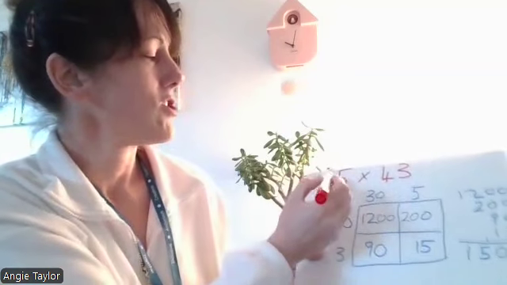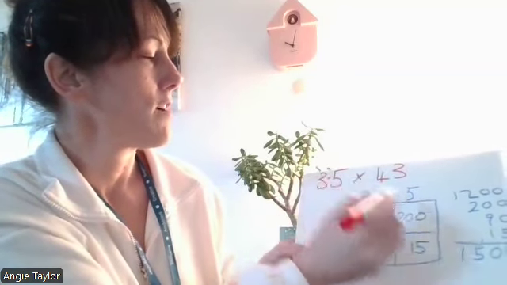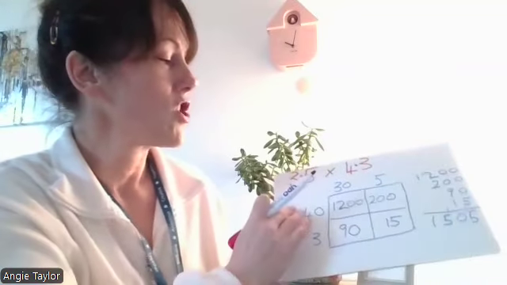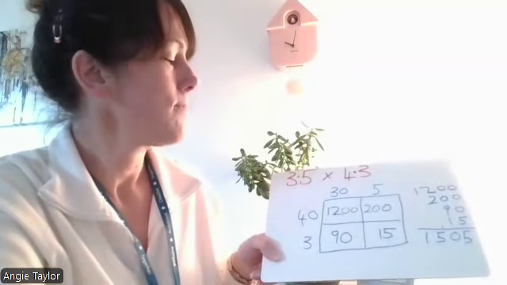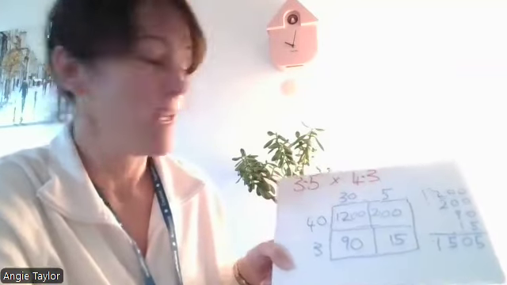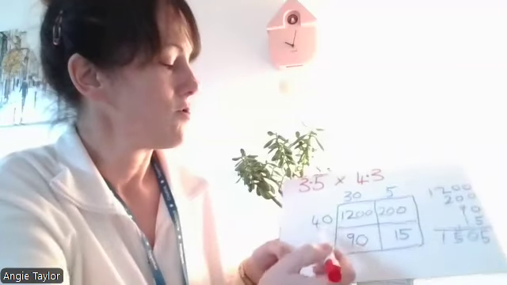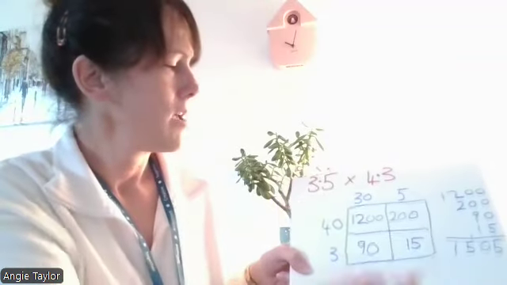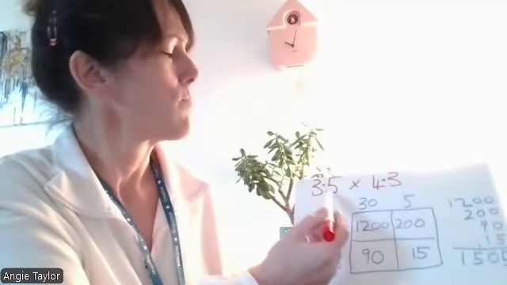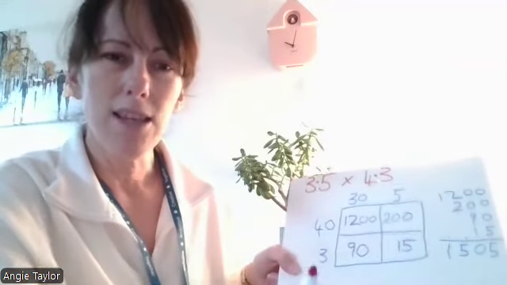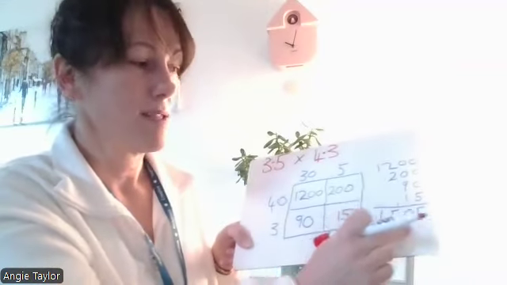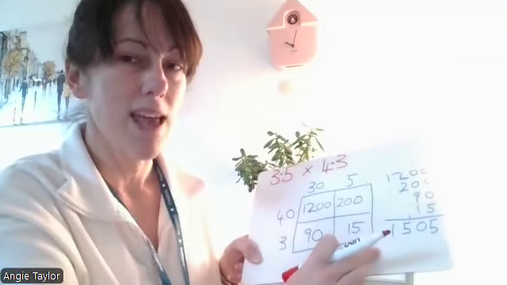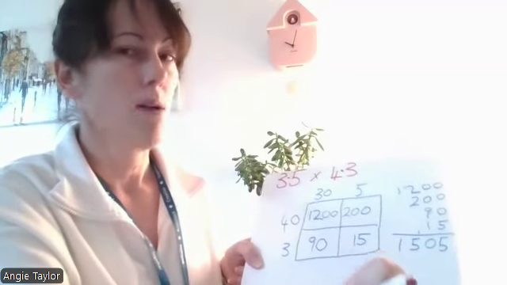Now, can you remember when we looked at multiplying decimal numbers? If this question had been 3.5 times 4.3, we would have done exactly the same process, forgetting about the decimals for now. Put your 35, your 40, your 3. And then when you've got your answer, come back to, okay, well, it was actually 3.5 times 4.3. Can you remember how we worked out where the decimal goes? The digits, when you've done all the multiplying, would be exactly the same, but we just needed to think, okay, where's the decimal?